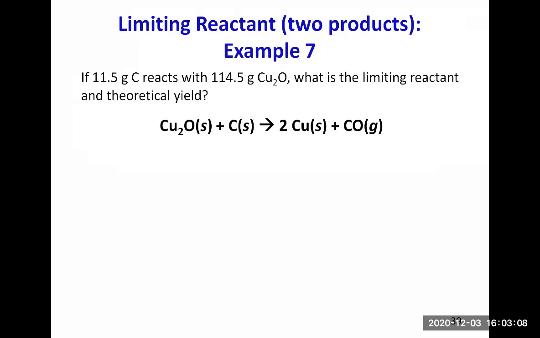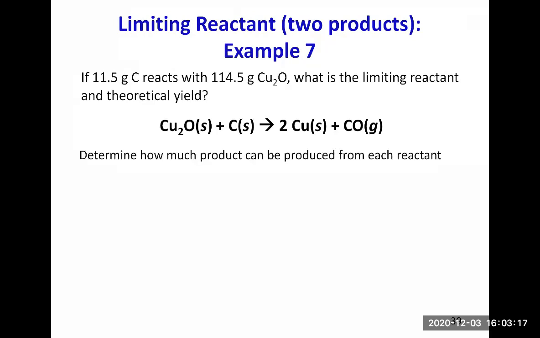So when you have this question asking about which one is the limiting reactant, the procedure is always to calculate how much product you can produce from each reactant, because you're given masses for each reactant. So you calculate separately how much you can produce from the 11.5 grams of carbon and how much you can produce from 114.5 grams of Cu2O.